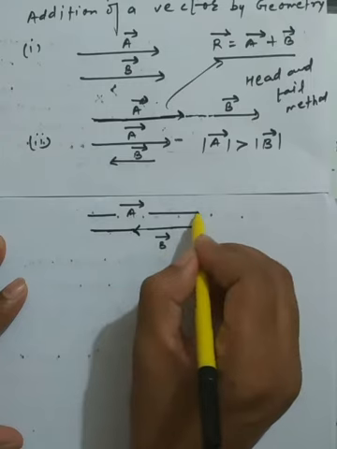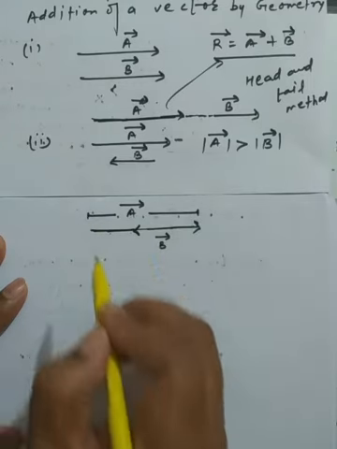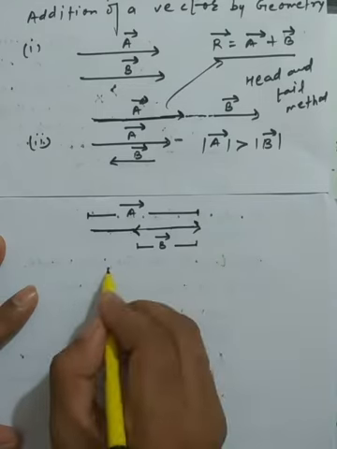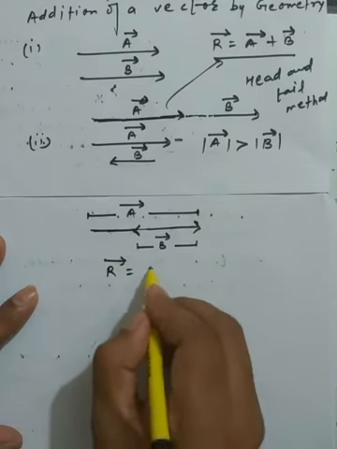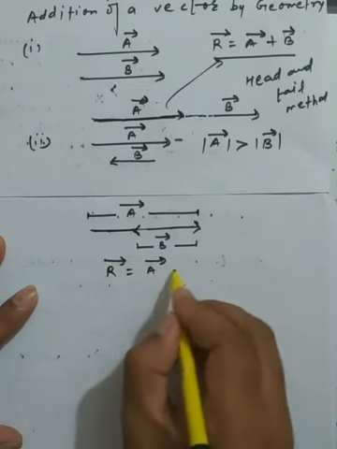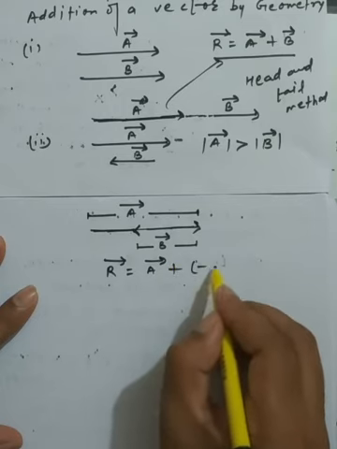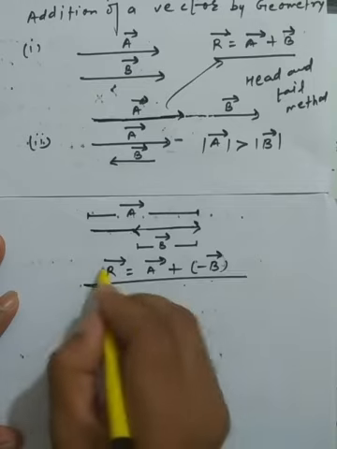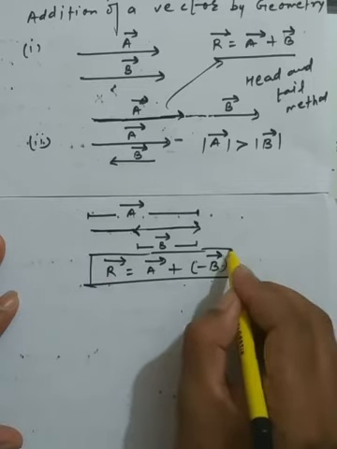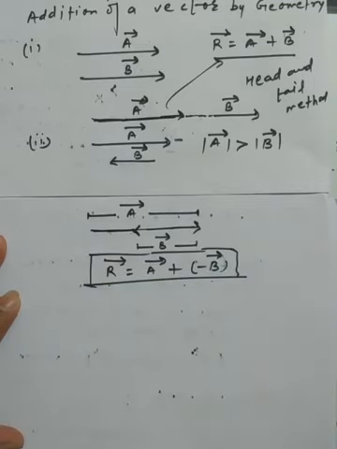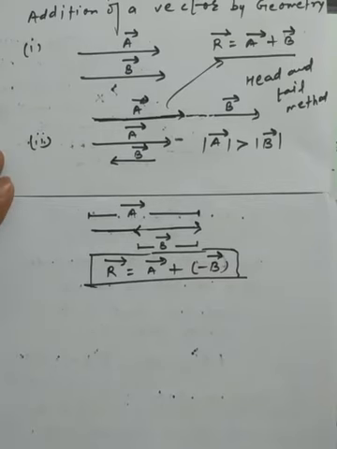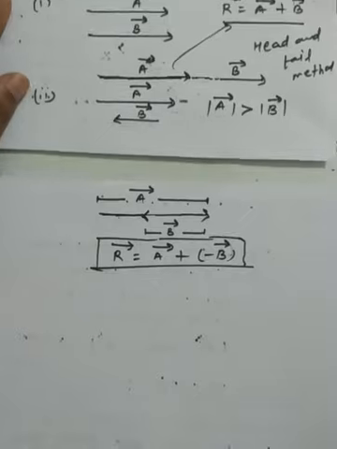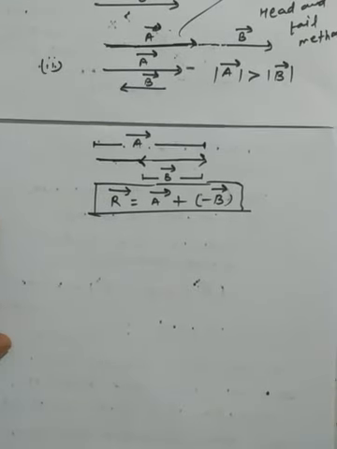Vector a is acting completely up to this point, and vector b is acting up to this point, and geometrically we can say that vector r is equal to, in the part of the addition, plus of minus of vector b. Okay, so here we will follow the direction rule. So this is another method we have if the two vectors are acting in opposite direction. So how are we getting the resultant of them? So this one is the second choice option we have.